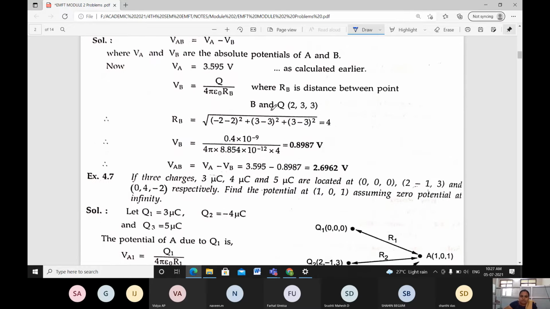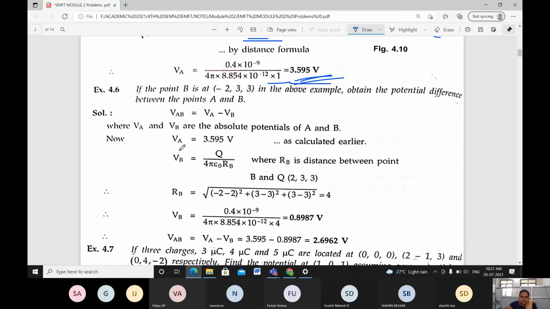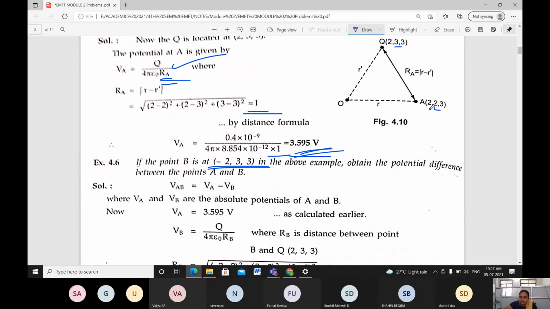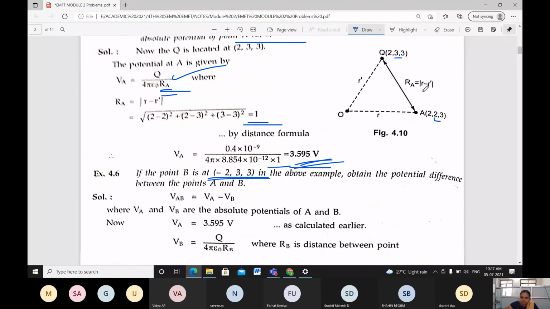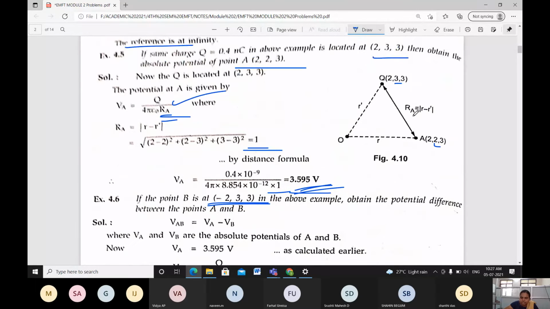Therefore, what is RB going to be? Where is our B point, and where is our A point, which is 2, 2, 3. Therefore, minus 2, minus 2, then 3. Sorry, you should consider for K, the B point is somewhere here.